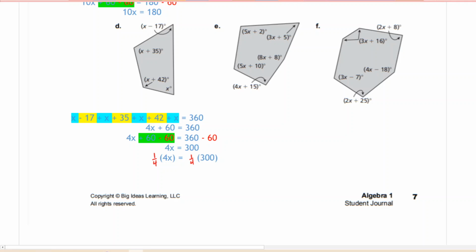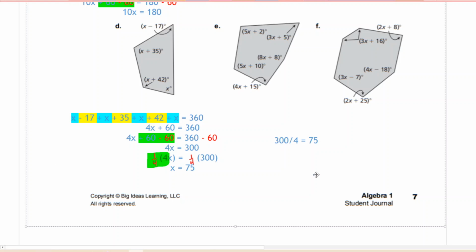Over here on the side with my calculator, I can see that 300 divided by 4 is 75. And over here on the left side, I can see that I've created a multiplicative inverse. So that's going to be 1. So on the left side, we get x. On the right side, we get 75. So x is equal to 75.